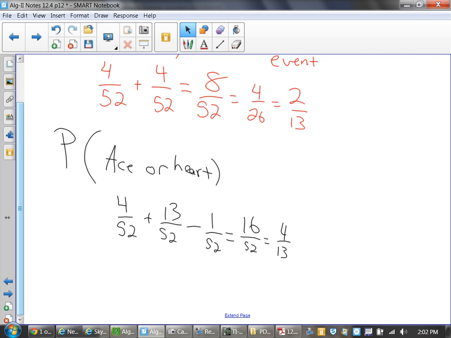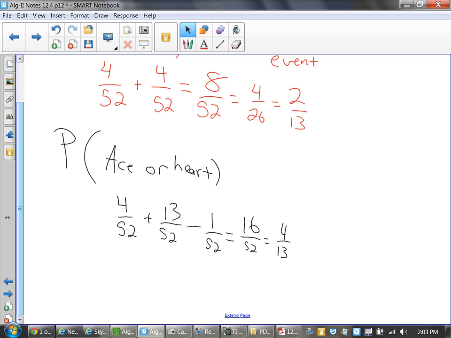So when we're writing these out, when we're reading these, it's very subtle in how it's worded. The probability of getting a face card or a diamond. Probability of a face card or a heart. Well, how many face cards are there?